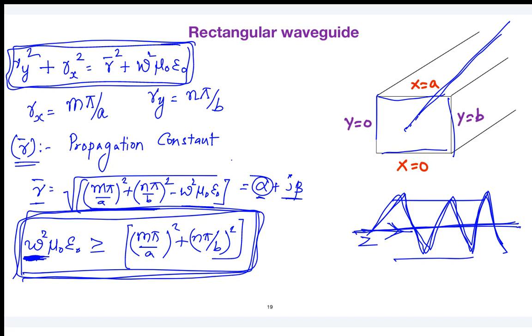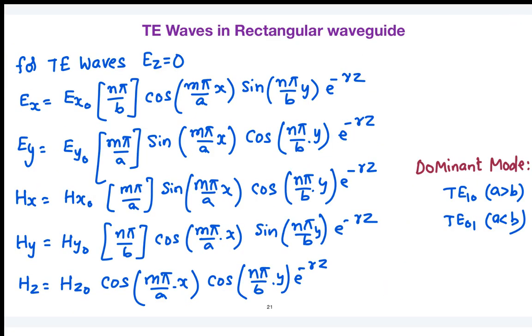This is the variation you can see here. This is your xy plane, the front face you are seeing. Now when the wave is propagating along z direction, to write that variation, I come back to this shortcut.